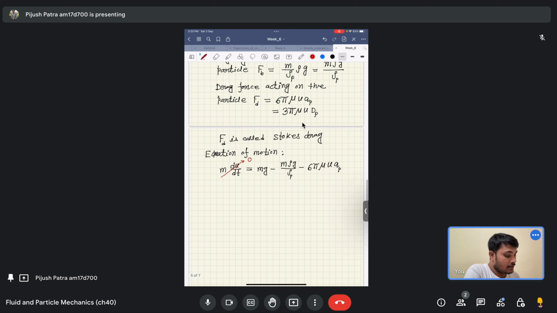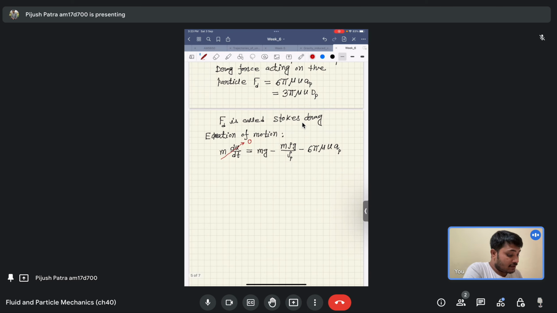So that means at terminal state, when the particle reaches its terminal velocity, the equation of motion will look like this: mg minus m rho g divided by rho p minus 6 pi mu u ap is equal to 0.